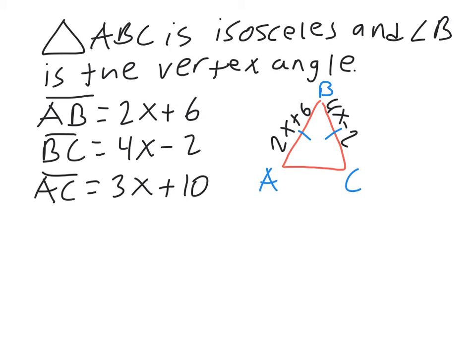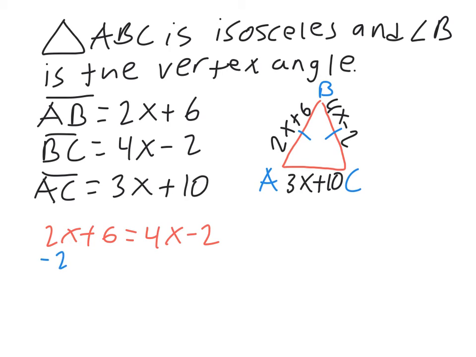And AC is 3x plus 10. So the 2 sides that are equal are 2x plus 6 and 4x minus 2. So let's set them equal to each other. So we have 2x plus 6 equals 4x minus 2.